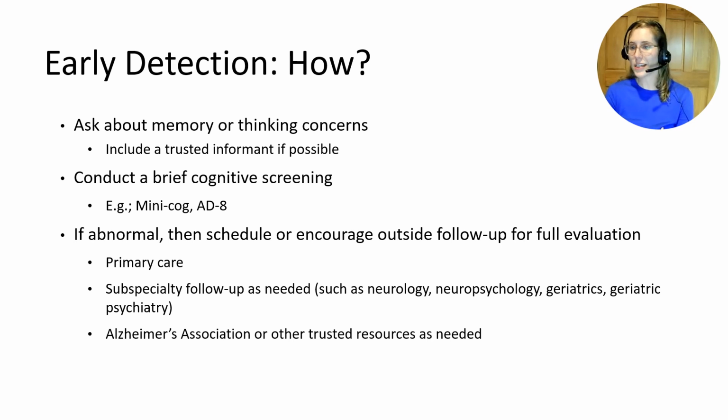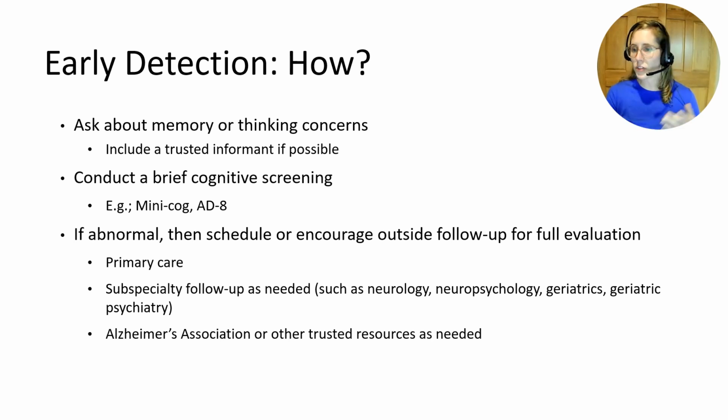And then if this comes up abnormal, whether the person endorses abnormality in the discussion or the cognitive assessment tools have an abnormal result, then you could encourage or schedule outside follow-up for a more full and formal evaluation.